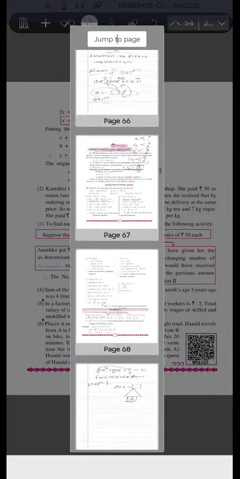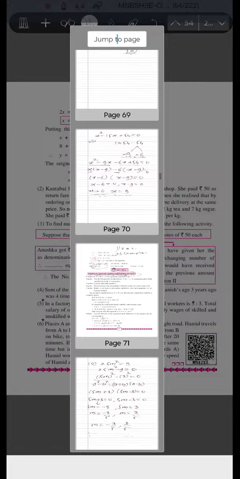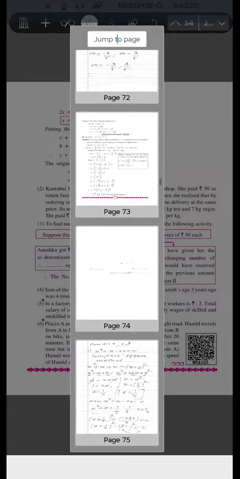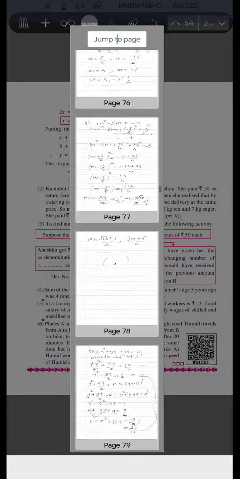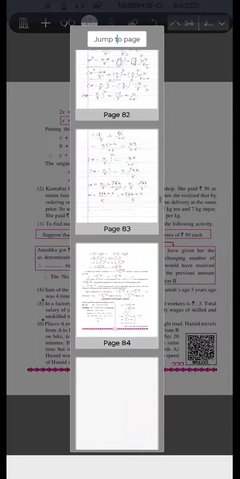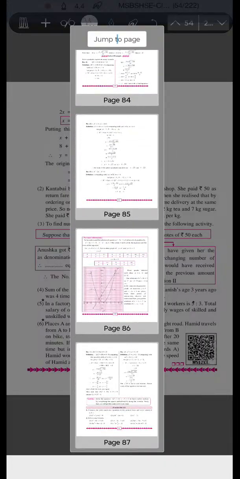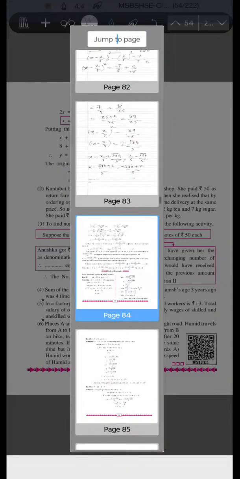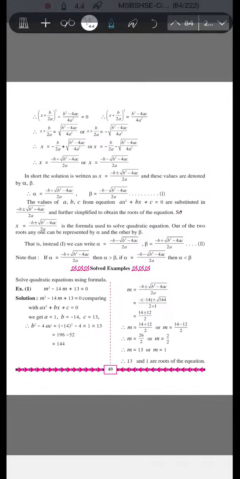You can see almost all questions we have already solved. Okay, so last lecture we are here. We have already discussed what a quadratic equation is, how to solve it, the types and everything regarding that.